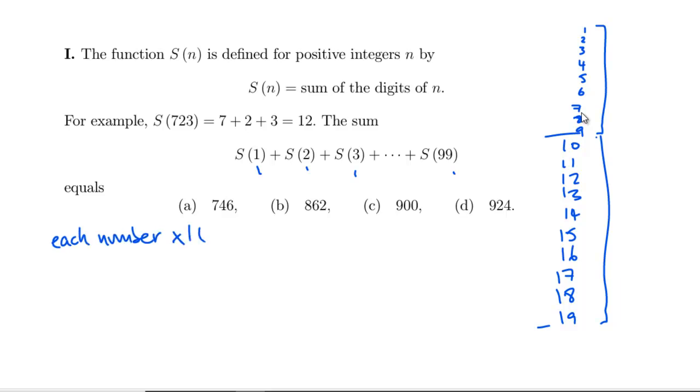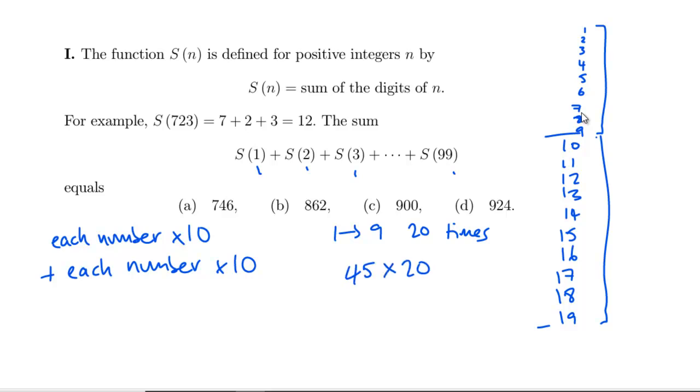And then we're going to have one block of each one, which is also plus each number times 10, which means we've got each number times 20. So we've got 1 to 9, 20 times. So 1 to 9 added up is 45, isn't it? That's our ninth triangular number. Then we need to multiply that by 20, which is 900, which is C.